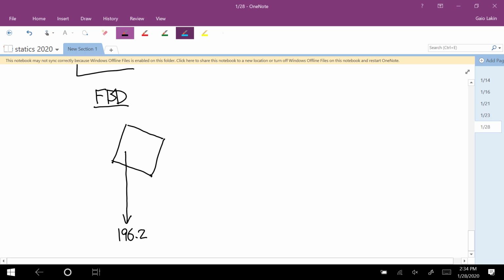And then there's a friction contact between the block and the ground. So we're just going to represent that as unknown components in the X and Y direction. So this is our force F on the block by the incline. And then there's the horizontal force of 50.